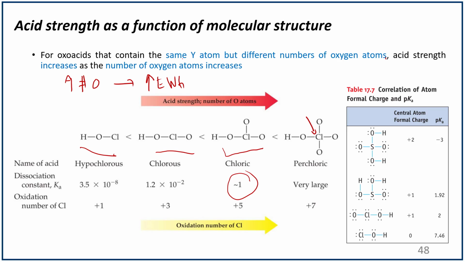But again, what this is just trying to show you is the more oxygen atoms you have, the more acidic an oxoacid is. Remember, we're talking about oxoacids. And again, you have to compare apples to apples, so make sure that you have the same element Y, whatever that Y is.